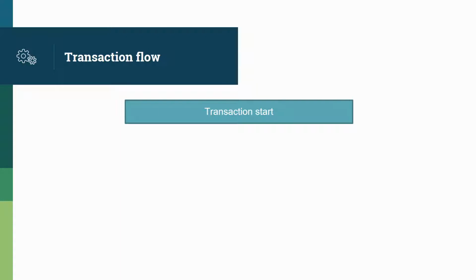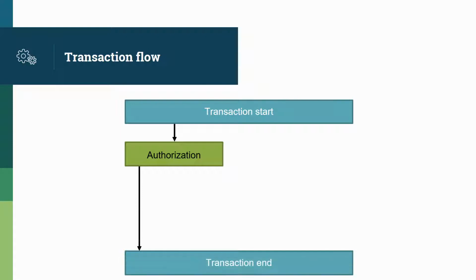This diagram shows the overall picture of the transaction flow. The transaction starts. It can take the form of an authorization. And if the authorization is declined, or if the protocol uses a different mechanism like clearing files to complete transactions, this might be the end of the transaction as seen by ISO 8583. The authorization might be followed by a financial message, typically a financial advice, to complete the transaction.